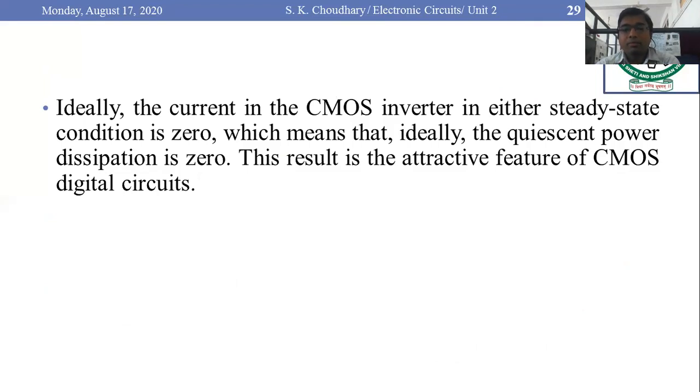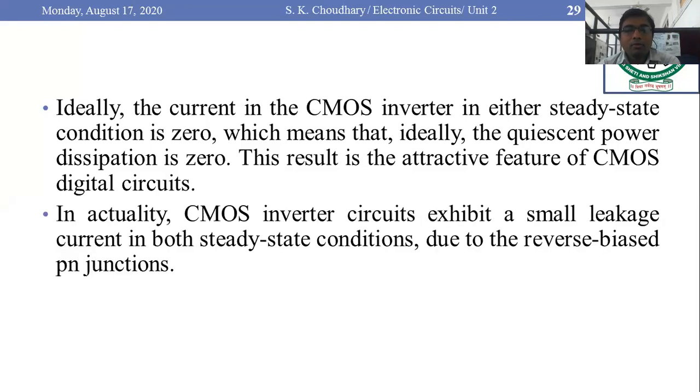That's why this configuration is so popular in CMOS digital circuits nowadays. But in practical conditions, CMOS inverter circuits exhibit a small leakage current in both steady state conditions, meaning when logic 1 is applied and when logic 0 is applied. Due to what? Reverse biased PN junctions.